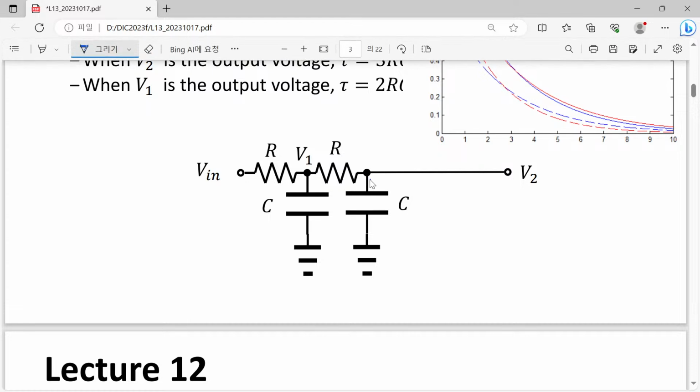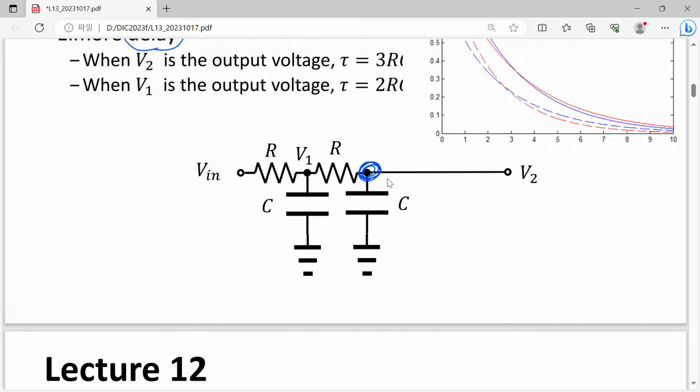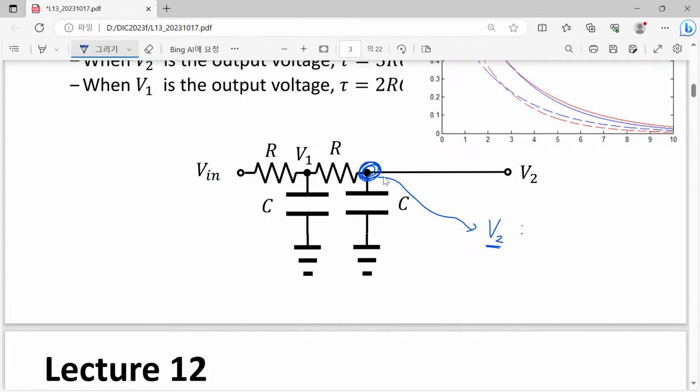When we consider the propagation delay of this V2 node, here we have a node with capacitance C, and we consider 2 times R, the effective resistance from this voltage source to our node, times its capacitance C.